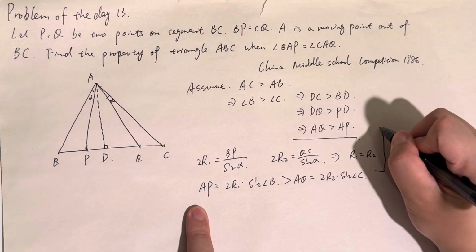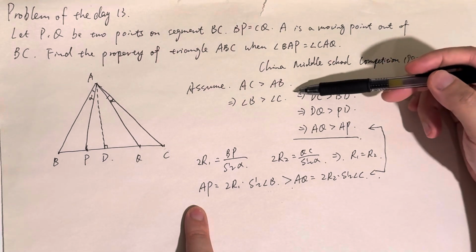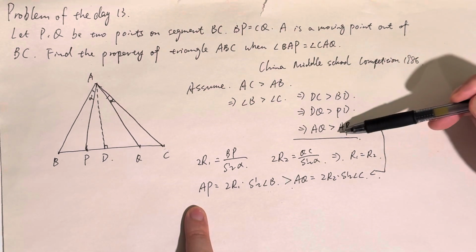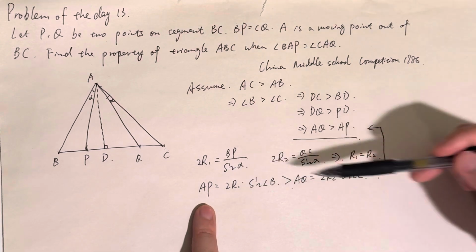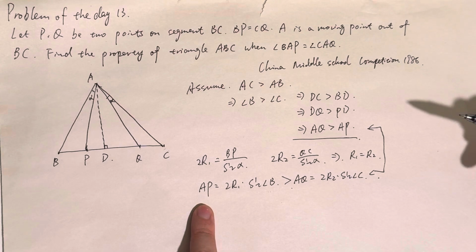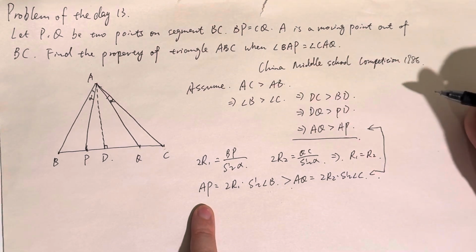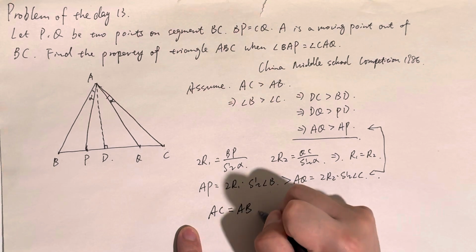Now you can see the conflict here: we got AQ larger than AP from one side, and AP larger than AQ from the other. This is impossible, which means the assumption is invalid, which means AC equals AB.